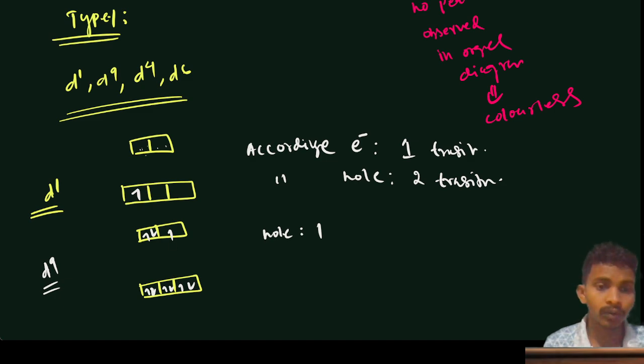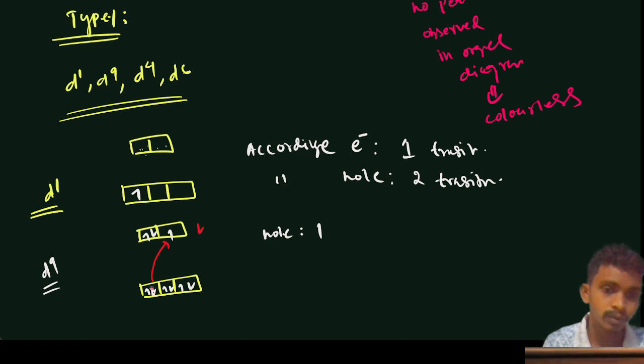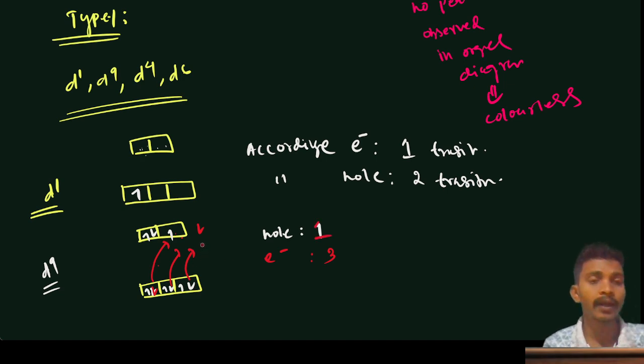Any of the 1 2 3 I can transition, so according to electrons, 3 transitions are possible, and according to hole, 1 transition is possible. And we will always take the minimum transitions.